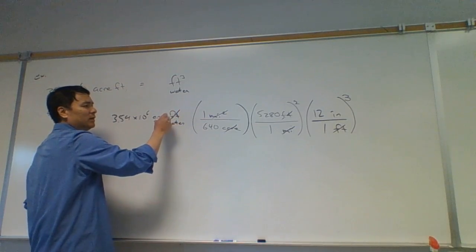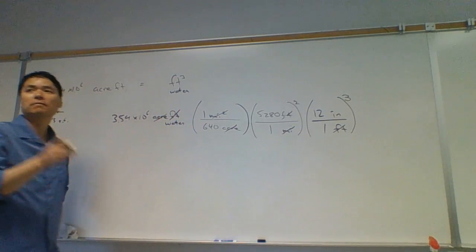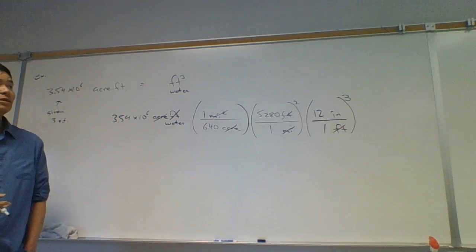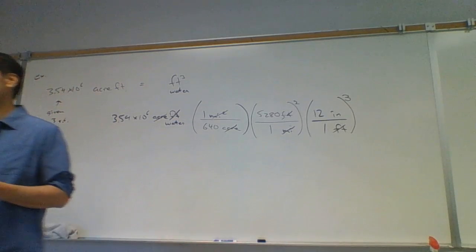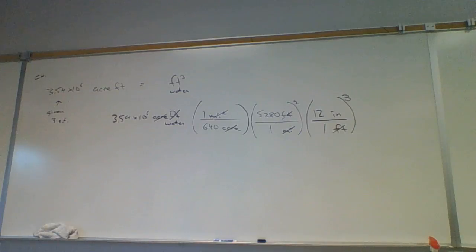If I cube it, I can get rid of all these feet, and that leaves me with cubic inches. But what's 12 cubed? 12 cubed is not 144. Let's see where my calculator went. 12 cubed, 1728. So there are going to be 1728 cubic inches in a cubic foot.